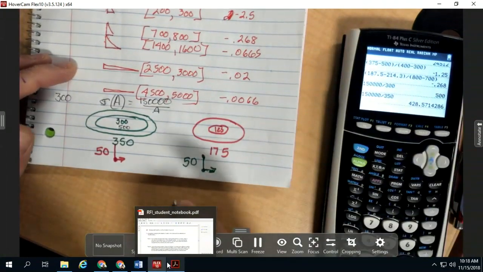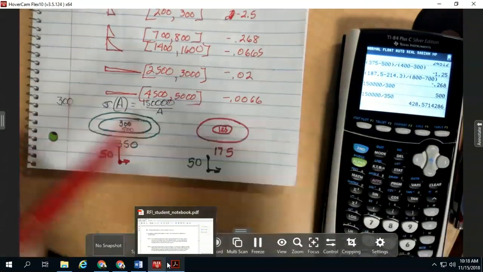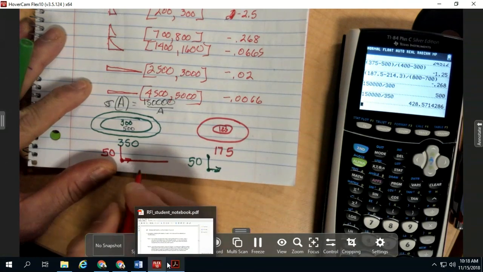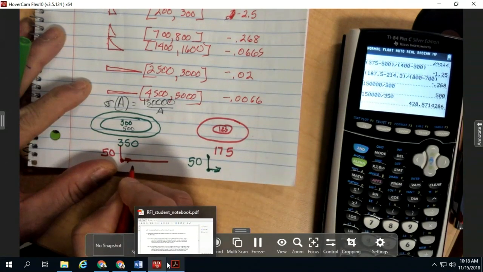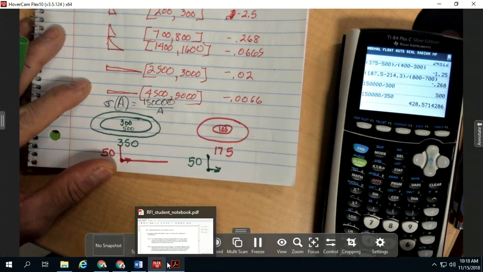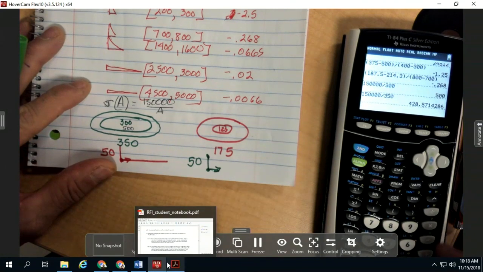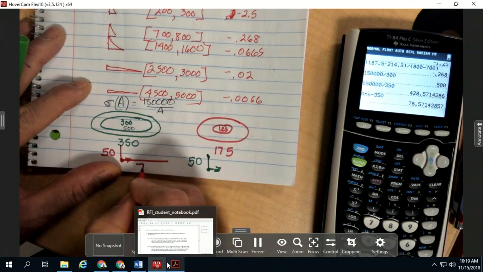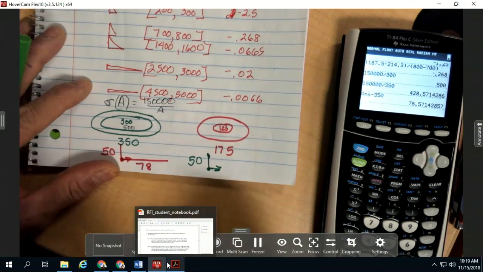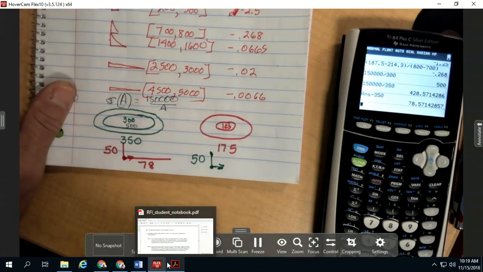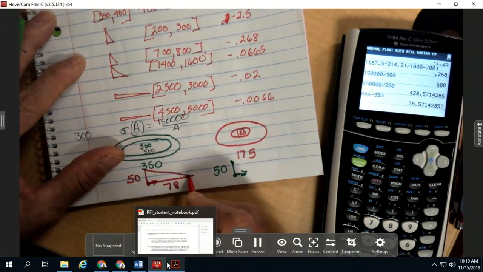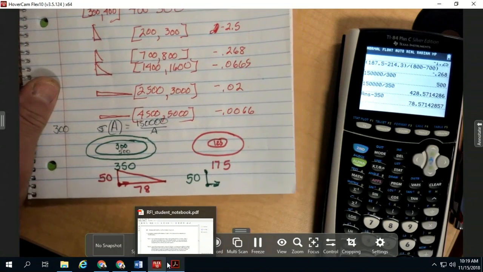429, right? So if you increase 50 pounds of stress, you decrease the area. What is that? 500 minus 429 is 71. So that change of 50 pounds results in a change in area of about 71.